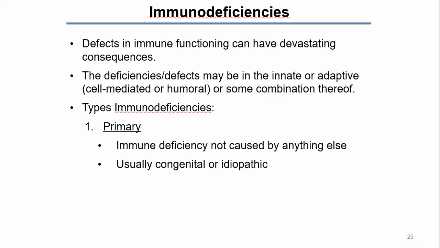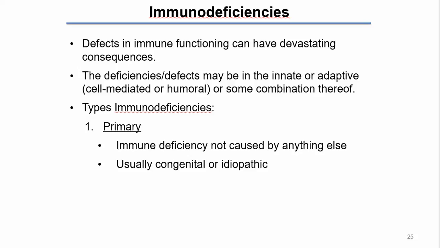It's got something to do with inappropriate genetics, that the person is born unable to activate T lymphocytes or something. Like there's something wrong, or that fever becomes uncontrolled. There's all kinds of things like that, but it's usually congenital, but it could also be idiopathic. They just don't know why it happens.